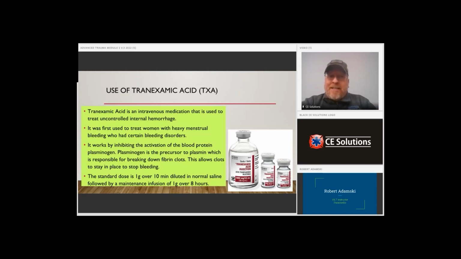The way TXA works is that it inhibits the activation of the blood protein plasminogen. Plasminogen in its active form, which is plasmin, is responsible for the breakdown of the fibrin mesh, which helps stabilize blood clots. So TXA prevents the inactive form, plasminogen, from being activated, and therefore helps stabilize blood clots and prevents them from being broken down.